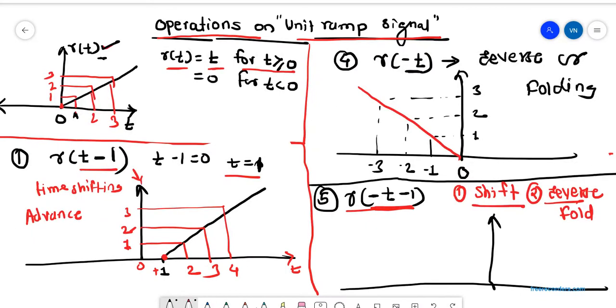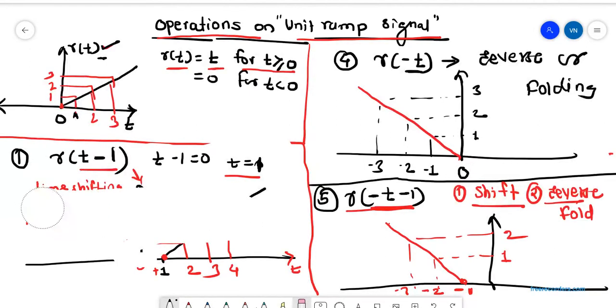Simply I have to write the same signal, but change the time by reversing it. So that signal will start from minus 1, then minus 2 having 1 amplitude, then minus 3 having 2 amplitude. The same signal is there, but just time is reversed. It is called shifting as well as folding of a signal.